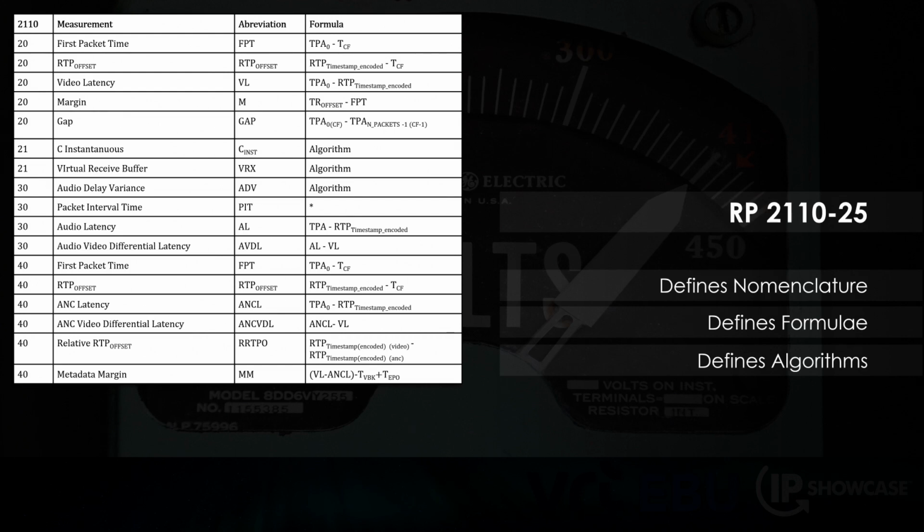So if you have PICS measurement kit that complies with RP-25, you'll find these measurements, and you find what the measurement is and how the formula works. So for video, for audio, for ST 2110-40, we've defined those things, so everything is out there. So it should be fairly simple now.